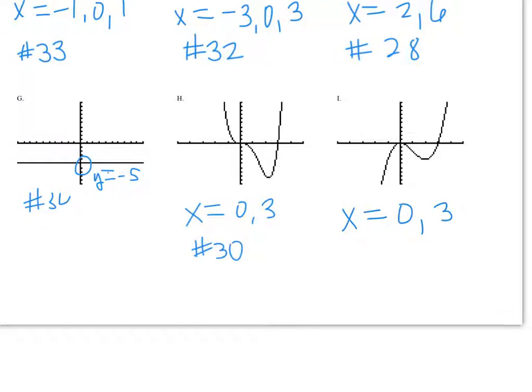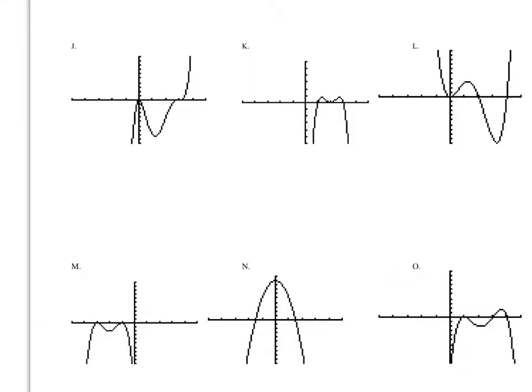So we're looking for an odd degree function, and that's number 21. J, x-intercepts 0 and 3, again, down on the left, up on the right. That matches up with number 25.